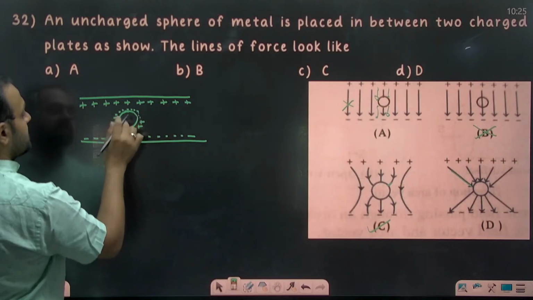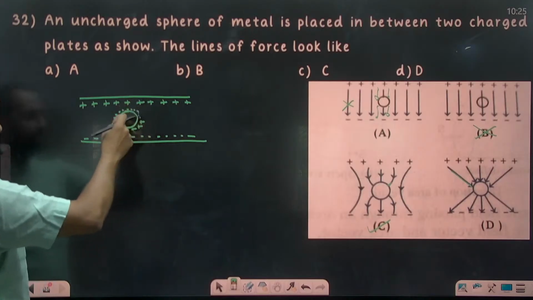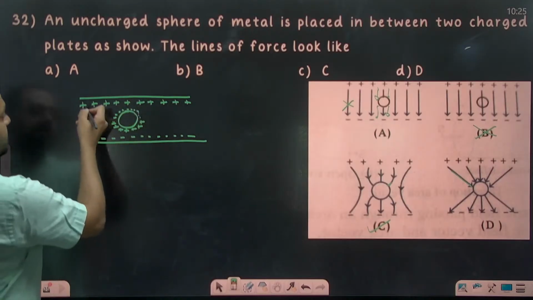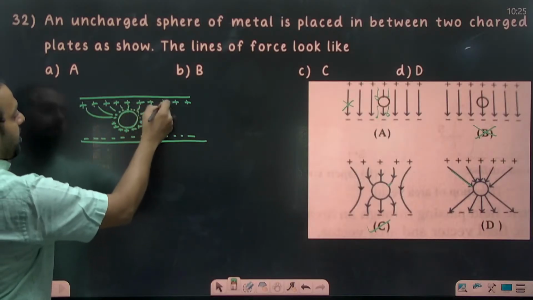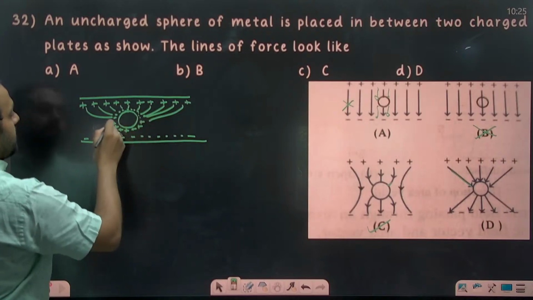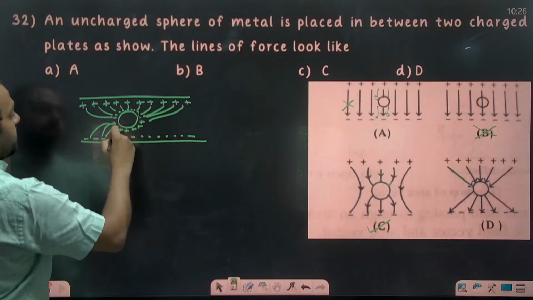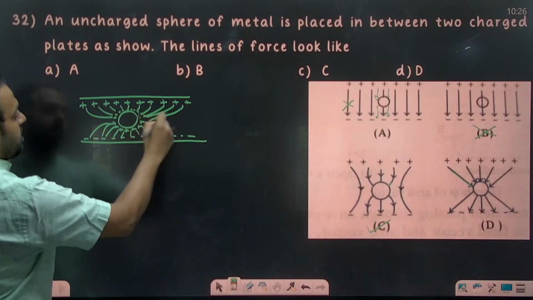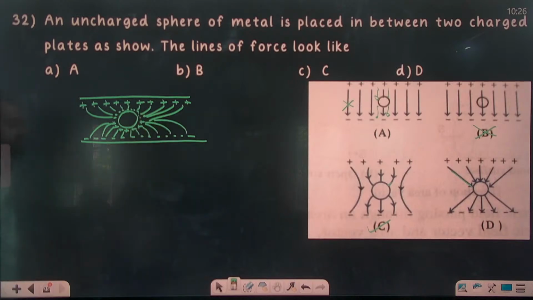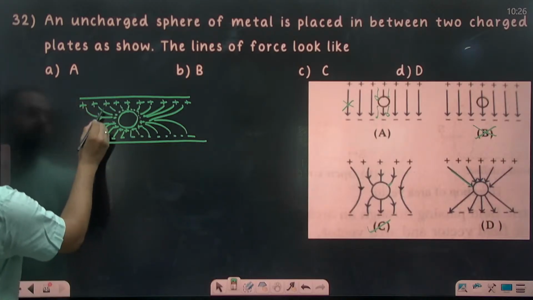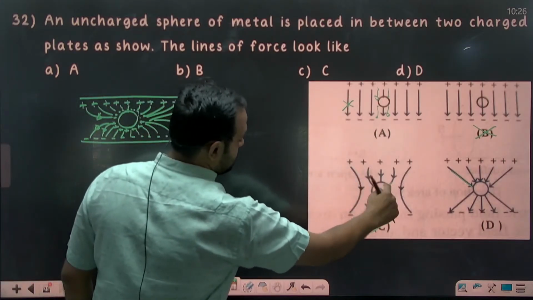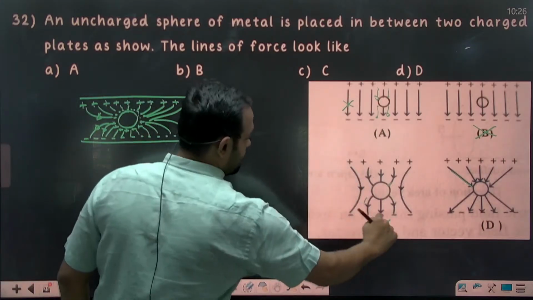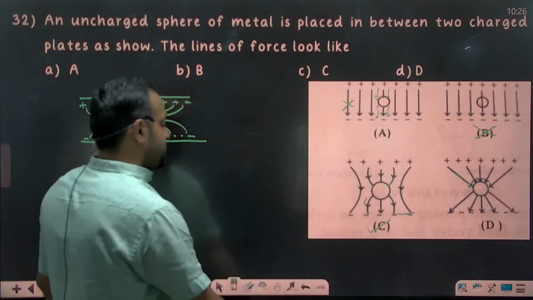So you have something like this: a negative charge at the top, positive charge at the bottom. So from positive to negative on the surface, and from positive on the surface to the negative of the plate.